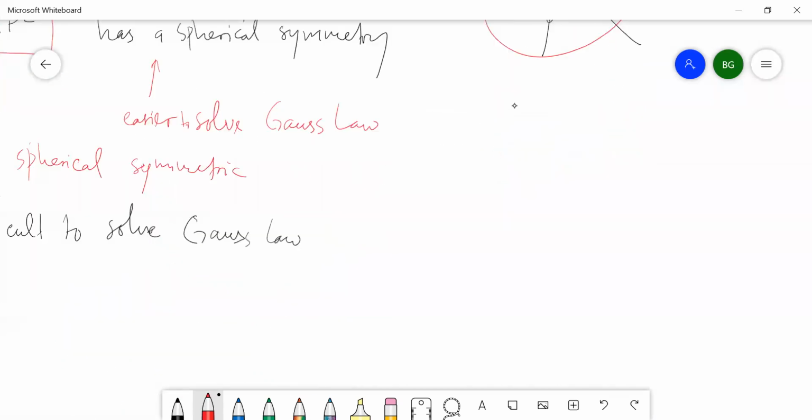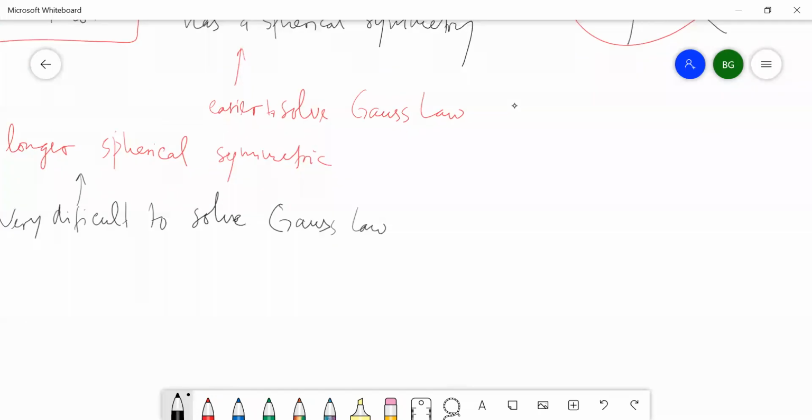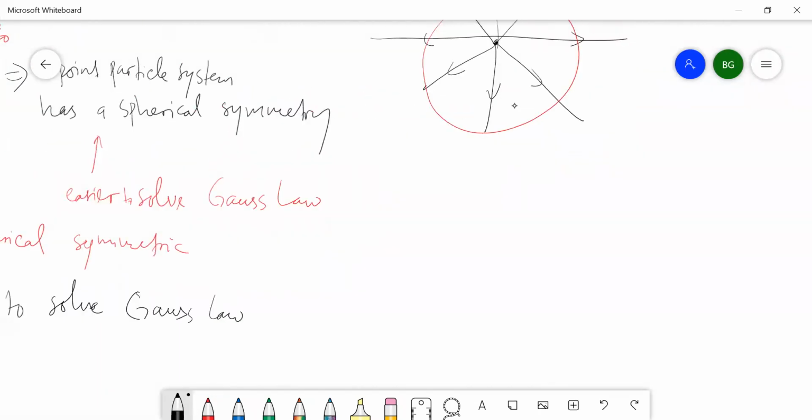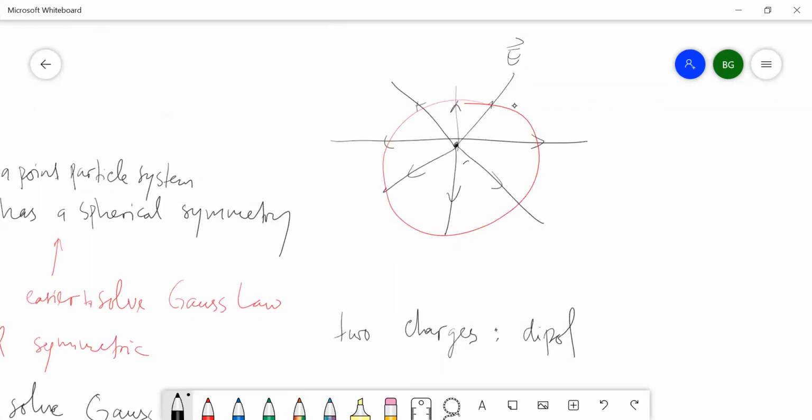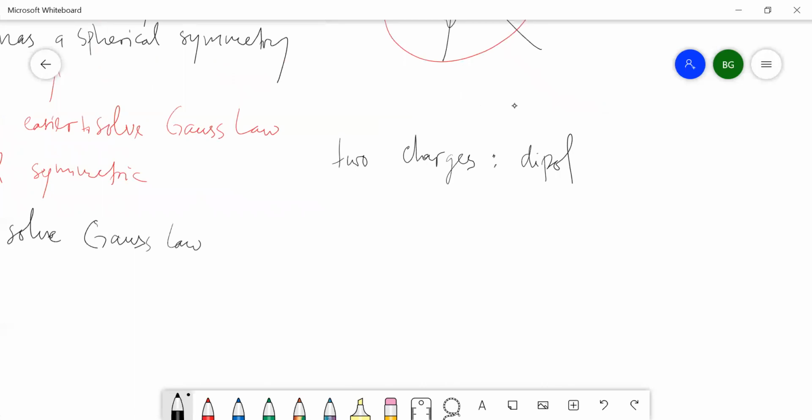What about, for example, two charges? Let's say a dipole. For example, there is a Q here, and in a dipole there is a Q and a minus Q.